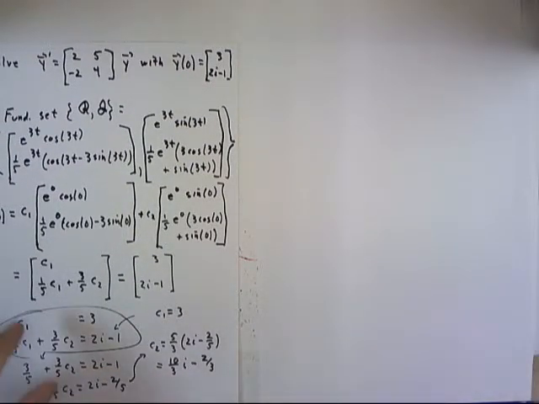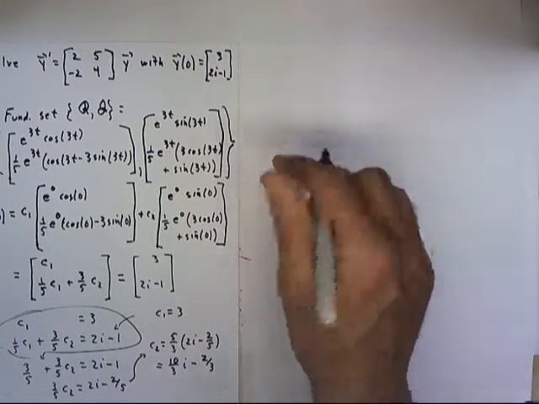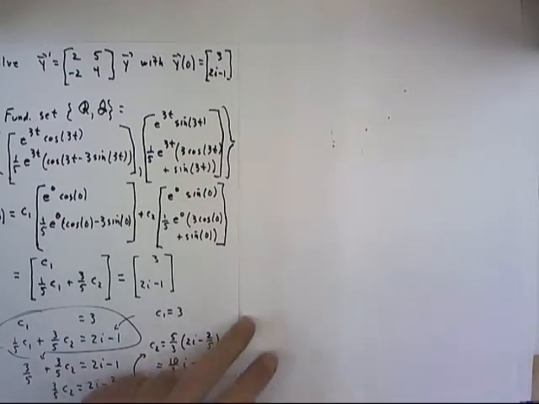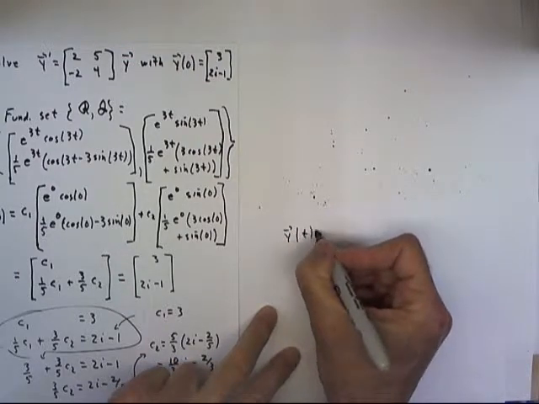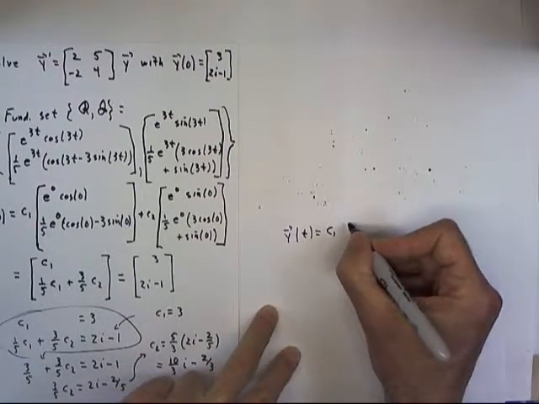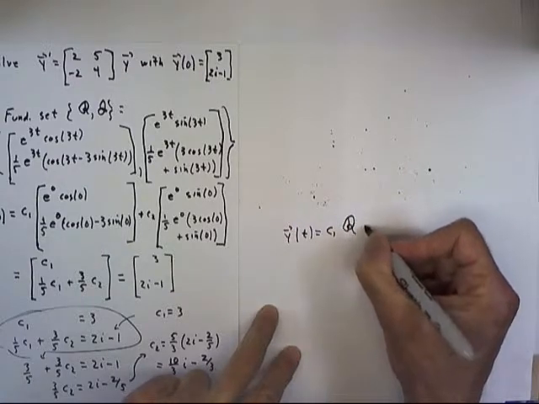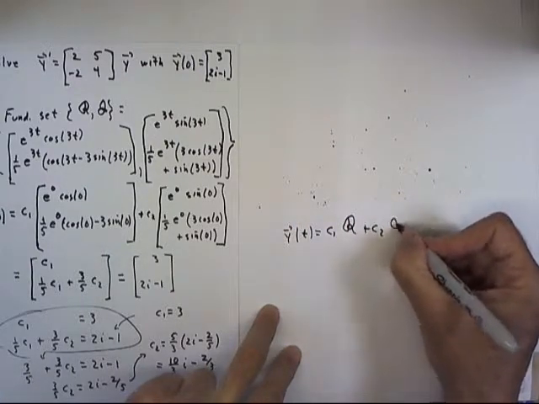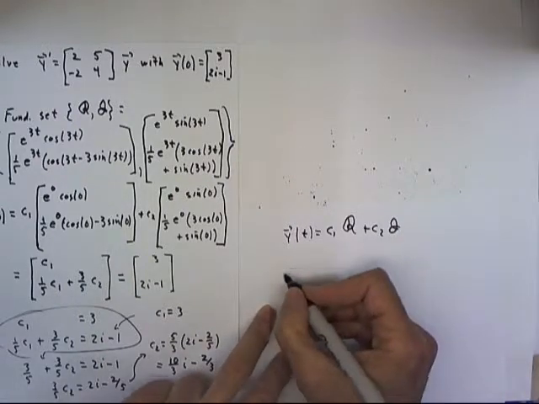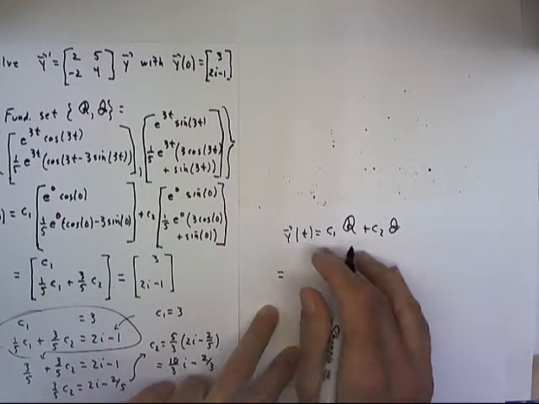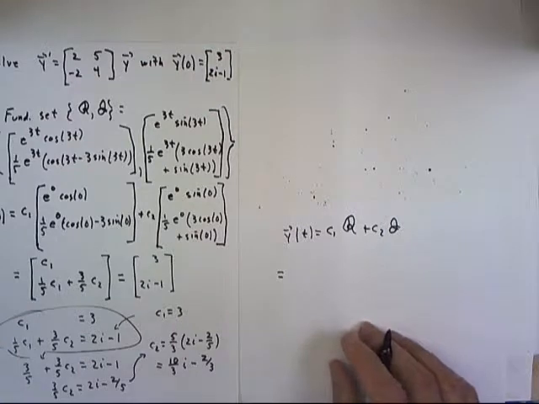Our solution is y of t, C1 r plus C2 i, with the numbers C1 and C2 that we've just obtained. C1 is just 3.